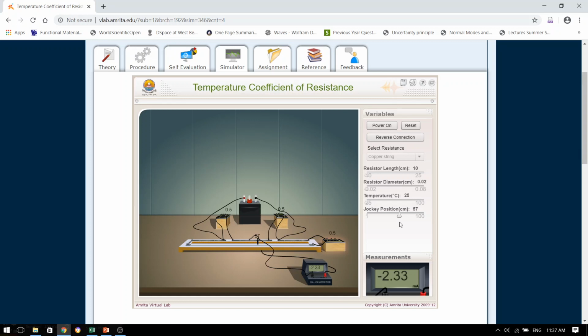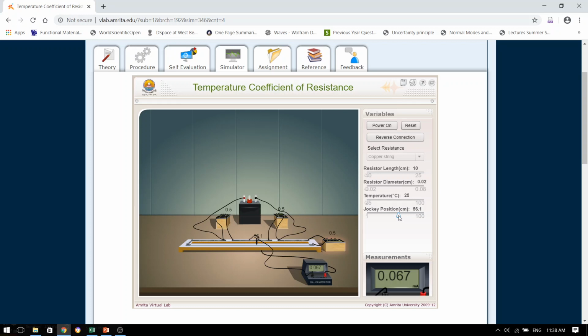Now see, the moment I have crossed a certain value, the values have gone to minus, which means I have already left my 0. When you are very close to these kinds of values, I would suggest that instead of using the mouse, use your arrow keys, which I am doing right now, to reach as close as possible to 0.